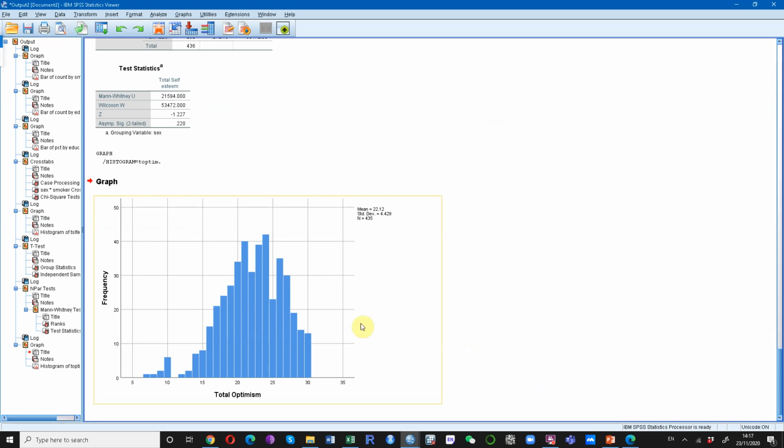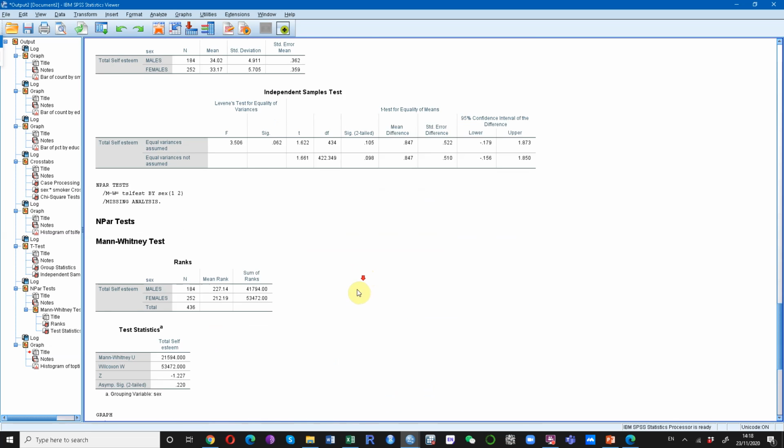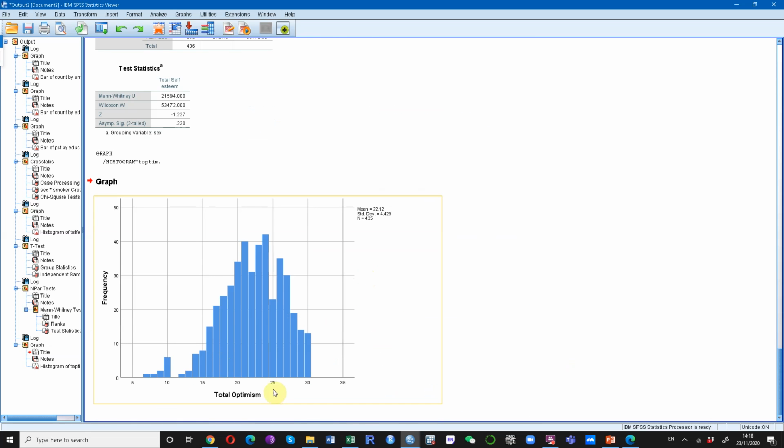Okay, so it's not perfect. It's better than the self-esteem, but it's not perfect. As I said, there are methods to correct this kind of distribution to make it more normally distributed, but because the correction is out of the curriculum, in this case we're going to treat it as not normally distributed.